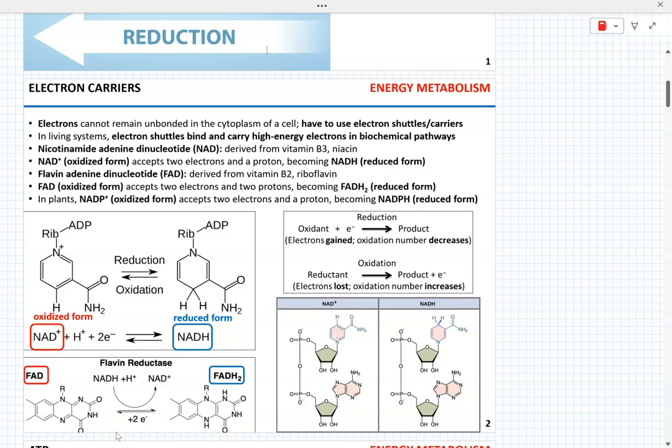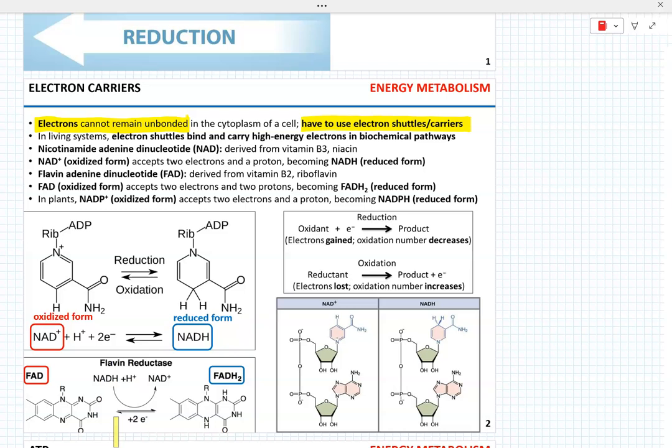Electrons within the cell cannot remain free, unbonded, and therefore have to use electron carriers to move from one molecule to another, from the oxidized compound to the reduced compound.